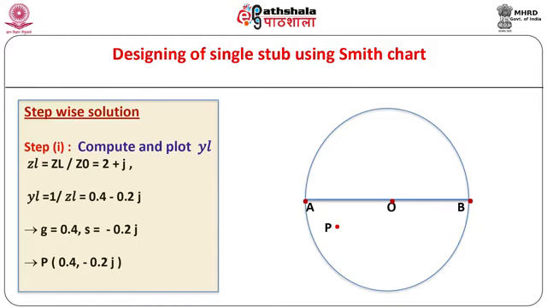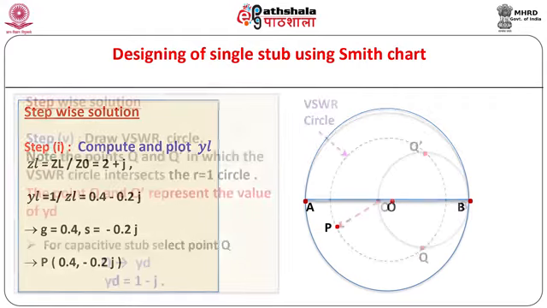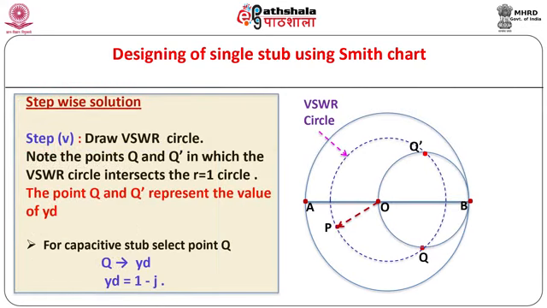Let point P represent YL. Here yL comes out to be 0.4 minus j0.2. Step number 2. Draw a circle of radius OP with O as its center. As we know, the circle drawn in this way is known as the VSWR circle.